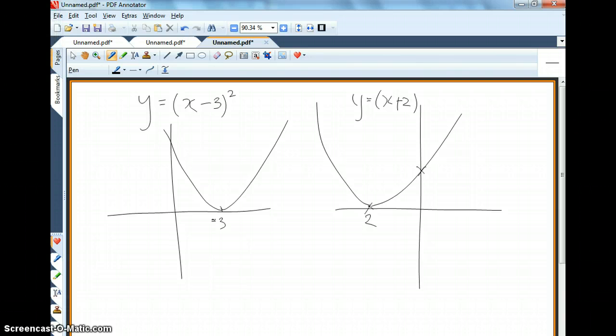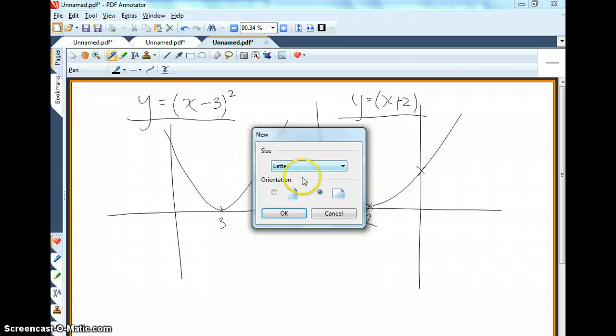Okay, so what I've covered so far is how to shift a parabola up, down, to the right, and to the left. All good so far? This is all written in about page 106 or 107 of the textbook, so you could copy it down from there.